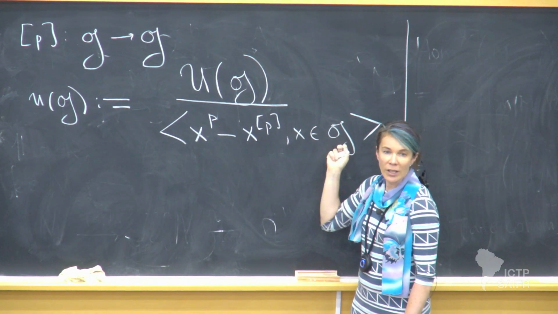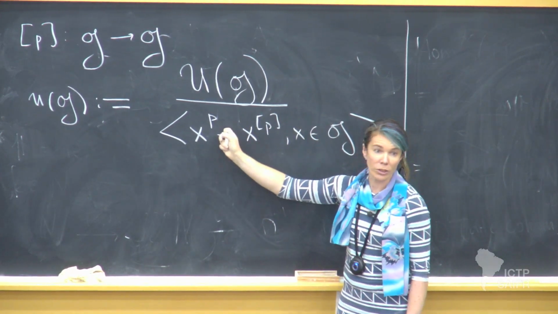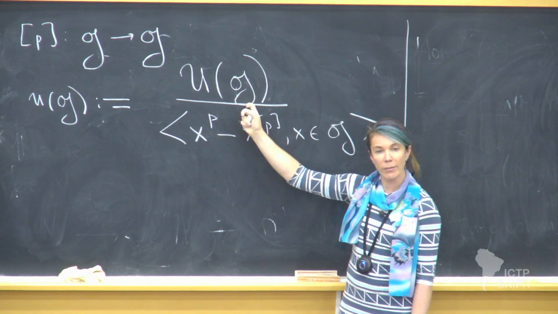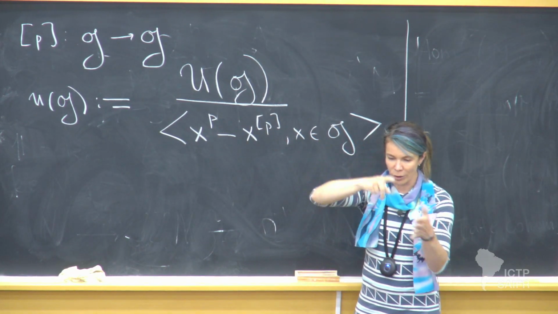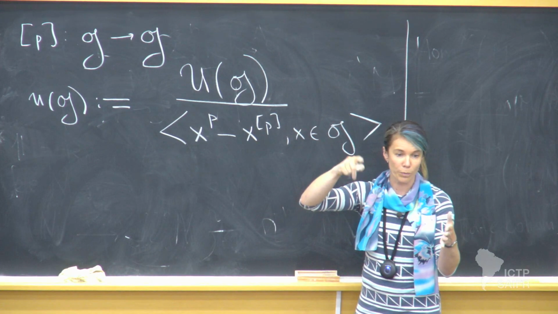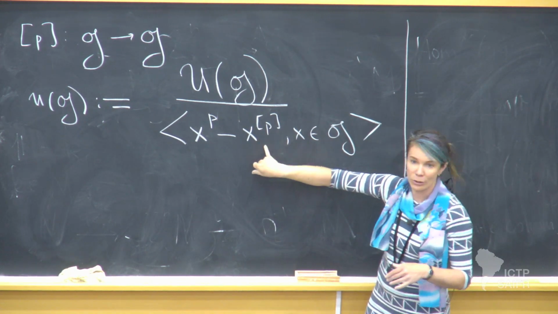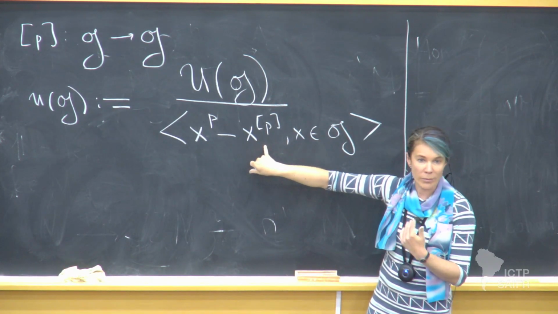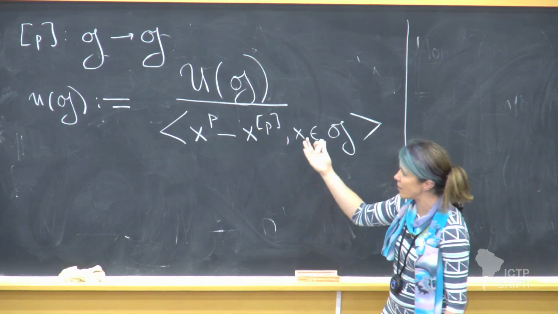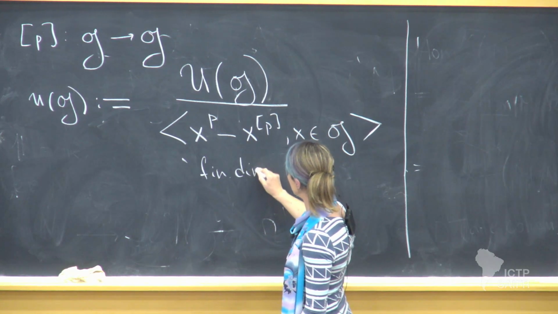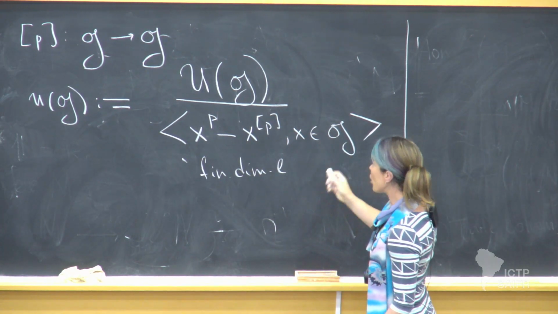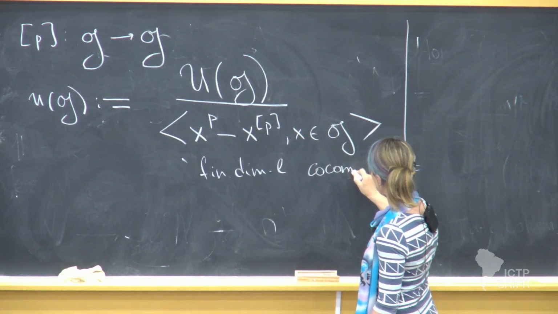So effectively, we are cutting everything out at p-th powers. If you think about this in terms of the PBW basis, then you look at the monomial, and whenever you have in your monomial a power which goes to p or above, you just bring it back down to the first power. So it becomes finite dimensional, in fact, has dimension p to the dimension of g. So it's a finite dimensional, cocommutative Hopf algebra.